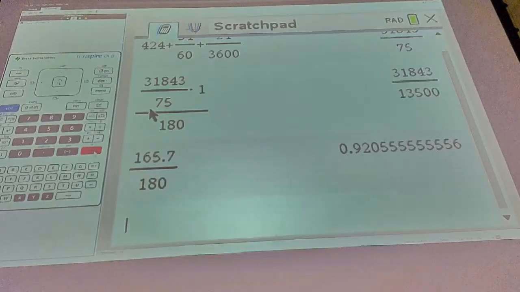The rule with multiplying and dividing is the same number of significant figures as the smallest number of significant figures in your calculation. Well, pi over 180 is a conversion factor, so we know it exactly. We're just looking at the 165.7. How many significant digits are there?